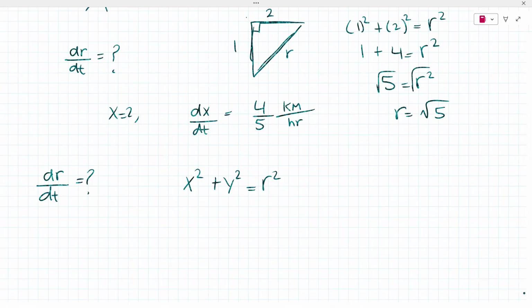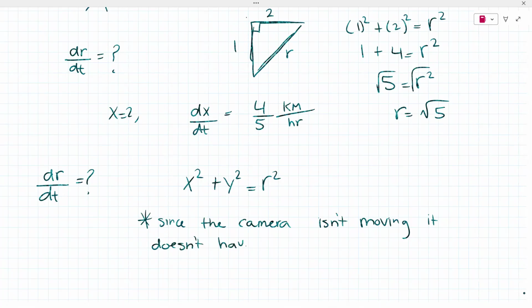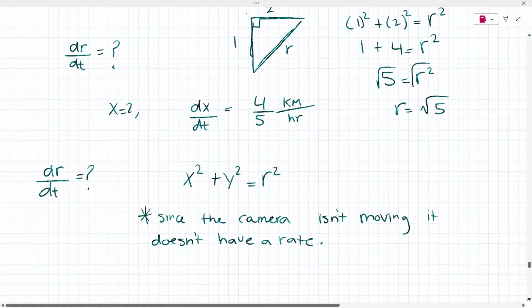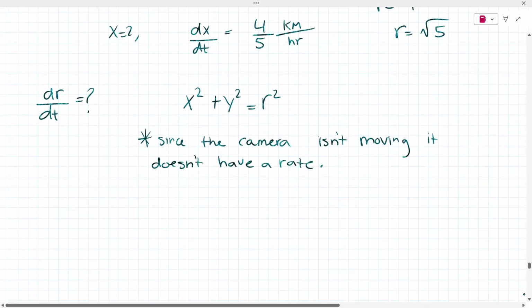Since the camera isn't moving, it doesn't have a rate.